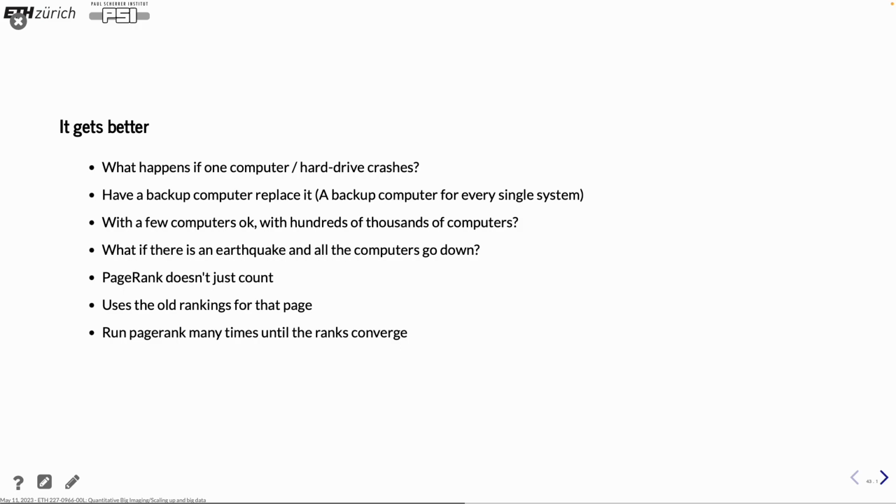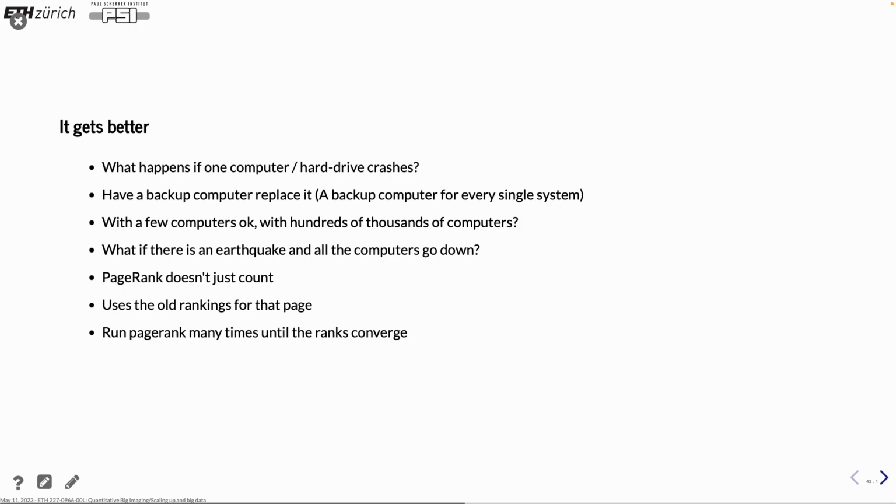And maybe what happens if there is an earthquake, which can happen in California. Google have their seat in Palo Alto, which is just in a good area for getting earthquakes. So what happens if their main computer goes down in the earthquake?